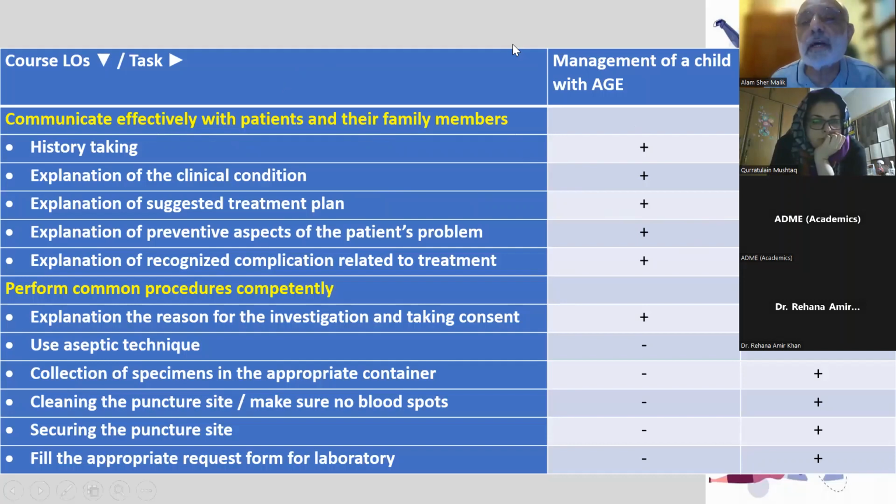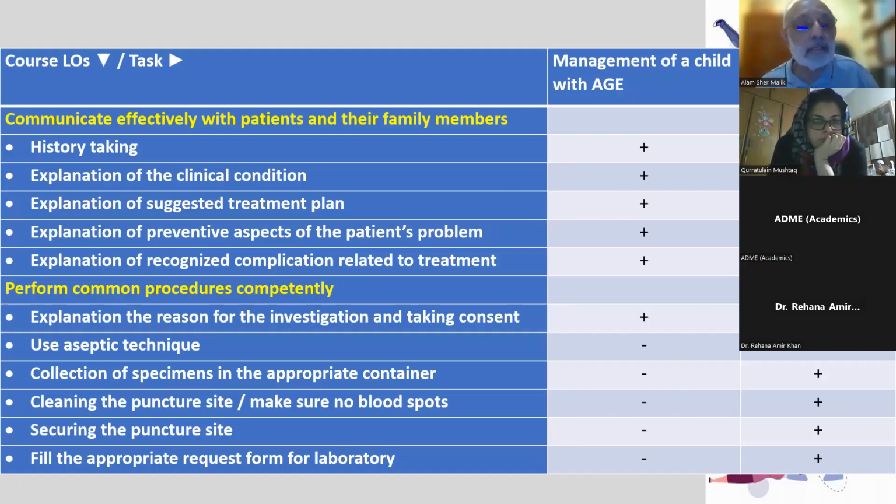And if the task is management of a child with acute gastroenteritis, of course, this communication would be exhibited through history taking, explanation of the clinical condition, explanation of the suggested treatment plan, explanation of preventive aspects, and explanation of recognized complications. So these are the areas where communication skills may be demonstrated, and this can be done in a task like management of a child with acute gastroenteritis.